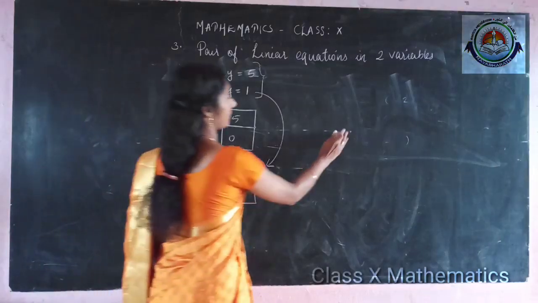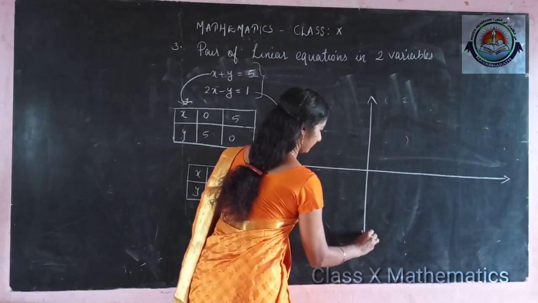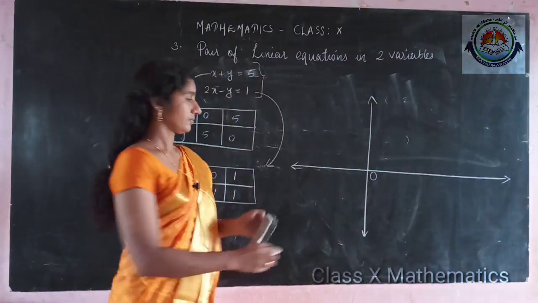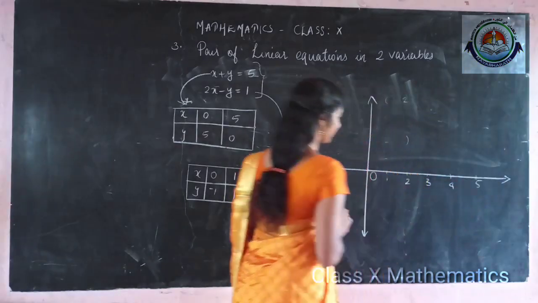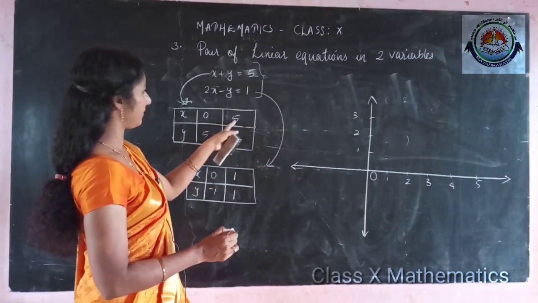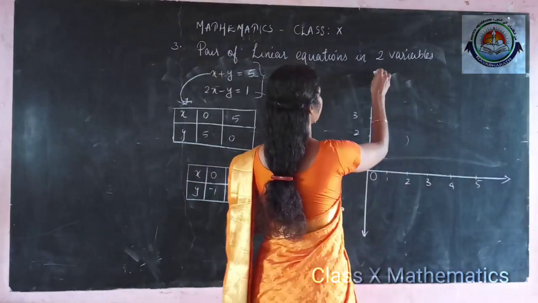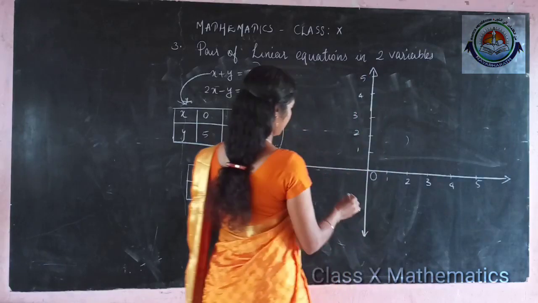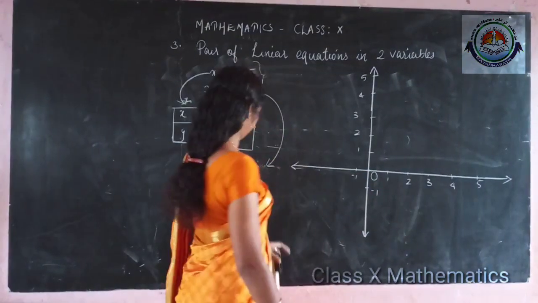Then draw the graph. Draw the x axis and y axis. Mark the origin. Then x values 1, 2, 3, 4, 5, and so on. We need up to 5 for both x and y, so extend the line. We also need negatives for y, so we need minus 1.